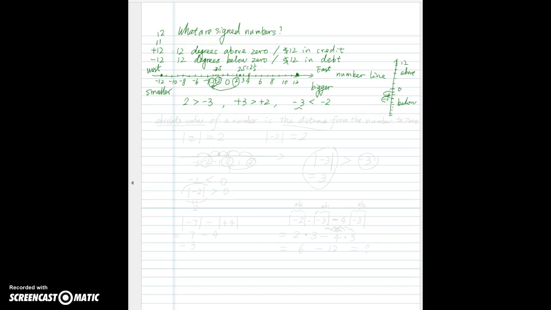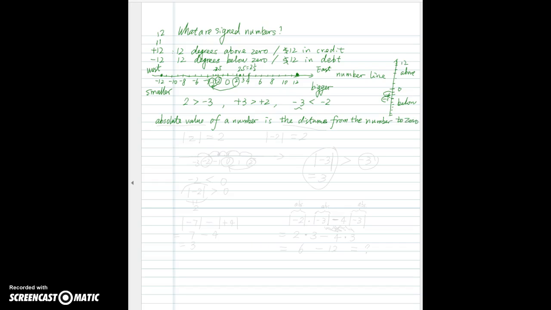Next, we're going to talk about the absolute value. Absolute value of a number means the distance from this number to 0. From the number to 0.